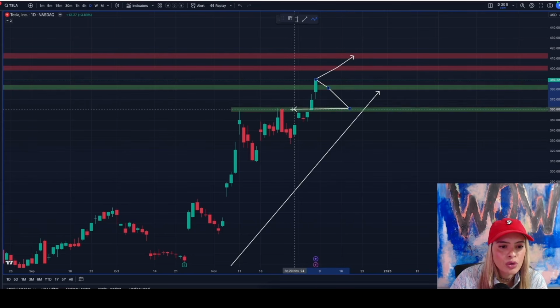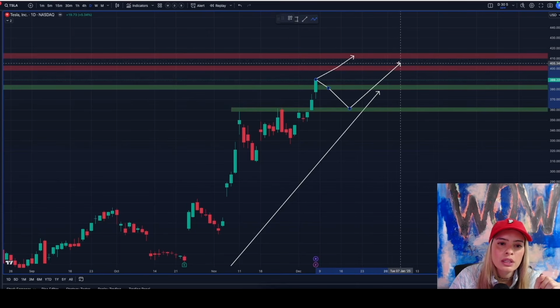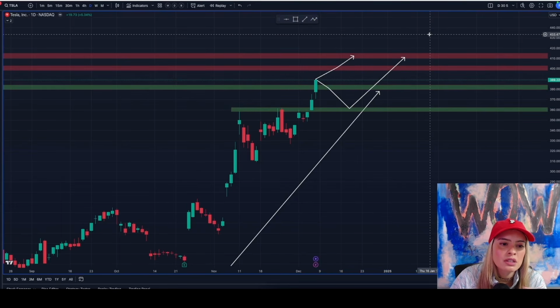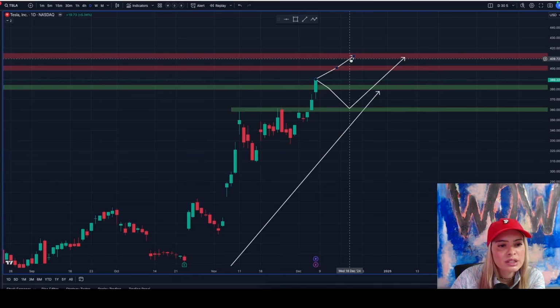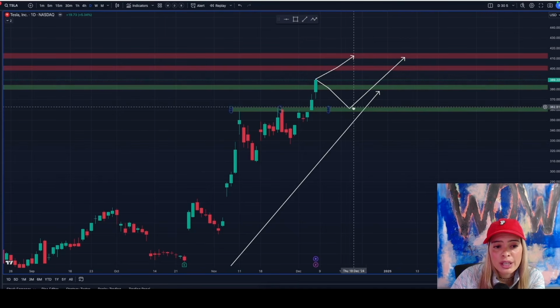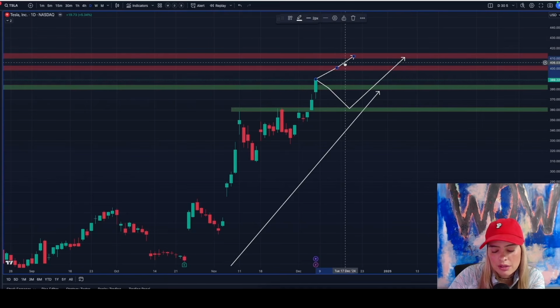So I like this resistance, now support, more to enter to play the upside continuation. And I do think that Tesla is gonna retest the all-time high, maybe breaking that level, but we'll see. But yeah, I think the best entry will be to be patient and wait for this pullback here to play the upside continuation. Right?